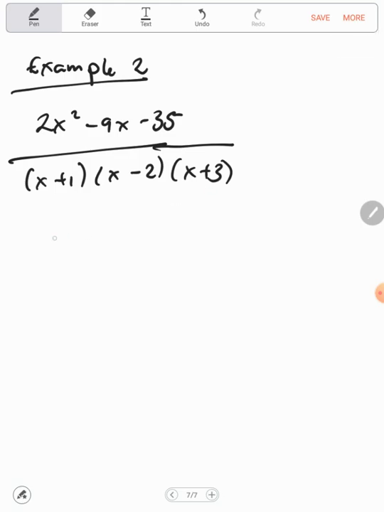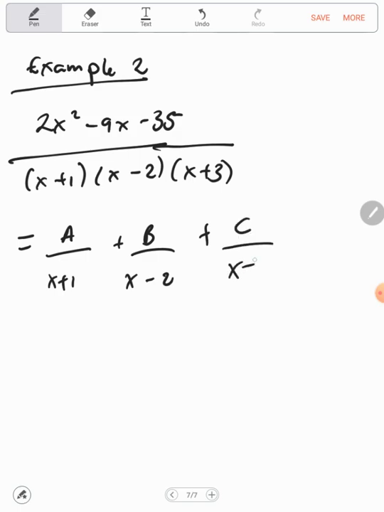Okay, so therefore, this is just equal to a over what? X plus 1 plus b over x minus 2 plus c over x plus 3. Make it to a common denominator.